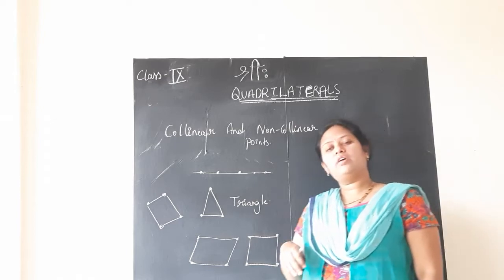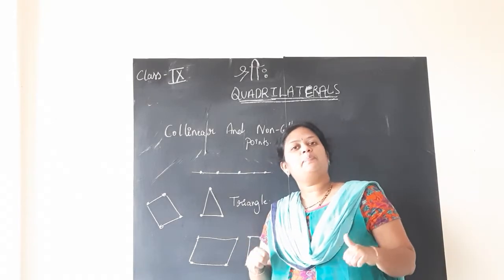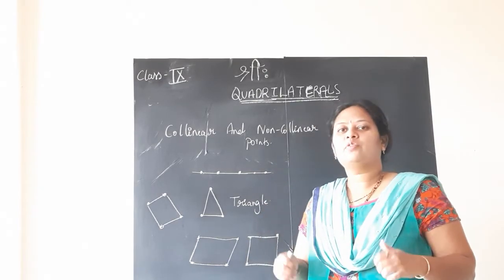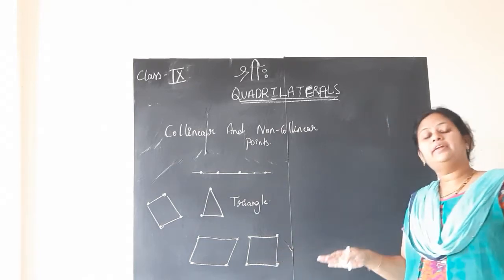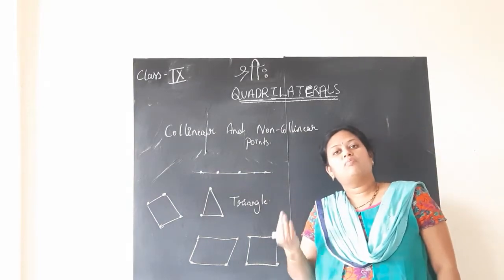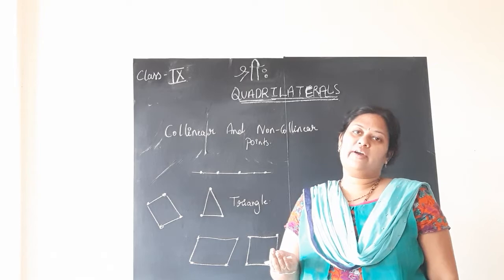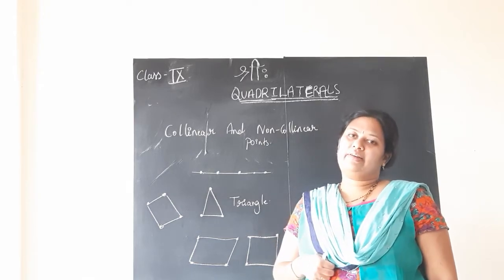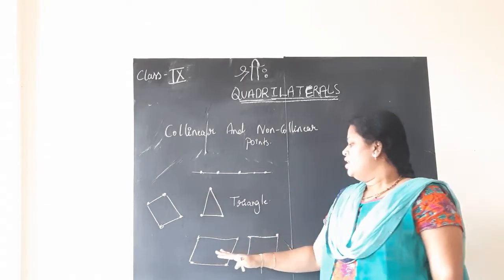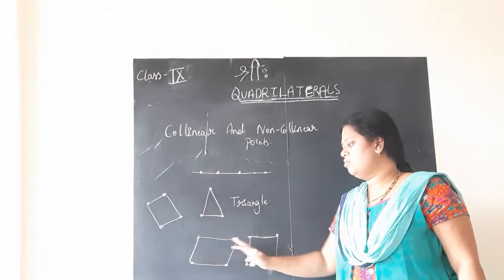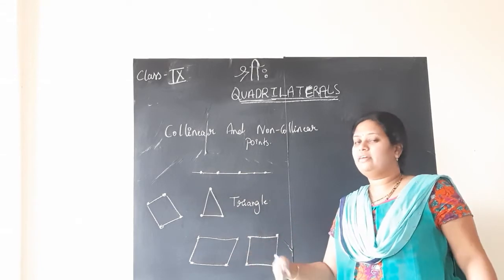So what is a quadrilateral? It is a polygon, or the figure obtained by joining non-collinear points, and it is called a quadrilateral. You know what a quadrilateral is, and its properties.